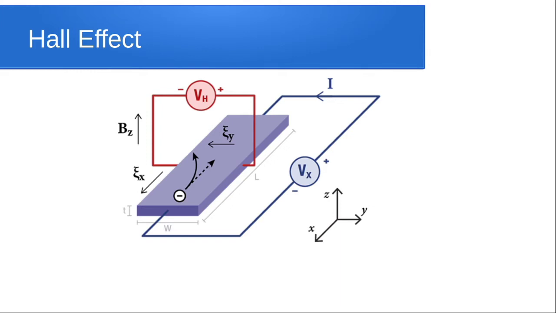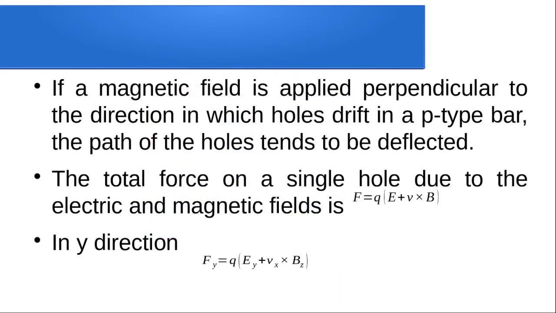If this deflection is to be curtailed and these electrons have to move as earlier, there should be an electric field which opposes the magnetic field effect. Generation of such an electric field is known as the Hall effect. We will see more detail of this in this discussion.